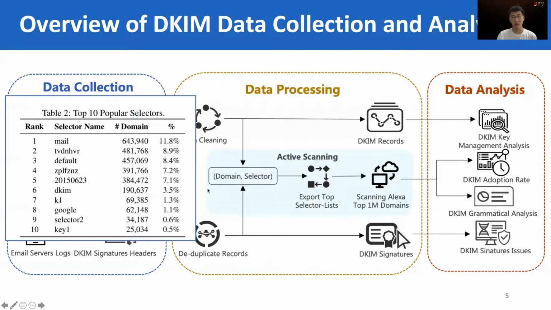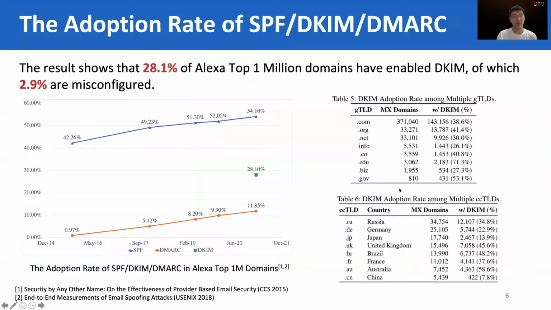Finally, we can use the results of the measurement to analyze the DKIM adoption rate, the grammatical problems of DKIM records, DKIM key management issues, and DKIM signature issues. In this paper, we perform a large-scale and longitudinal measurement study on the current state of DKIM.